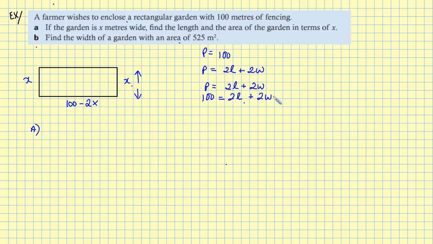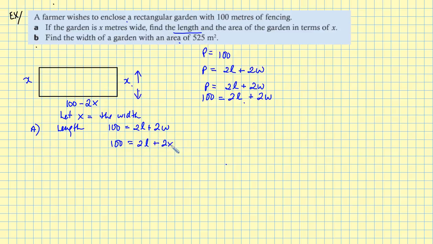I can leave it like this for the moment, and since the question is asking us to find the length in terms of x, I can start by saying 100 is equal to 2L plus 2W. And because W is now being replaced with x, so let x equal the width, I can write 100 is equal to 2 times the length plus 2x.